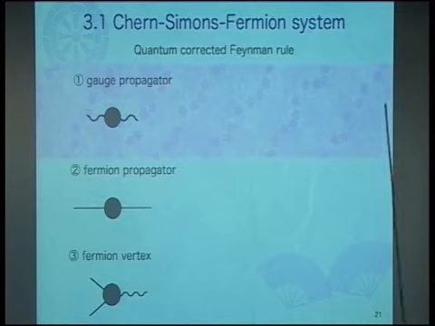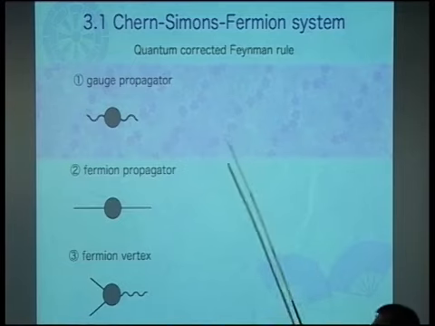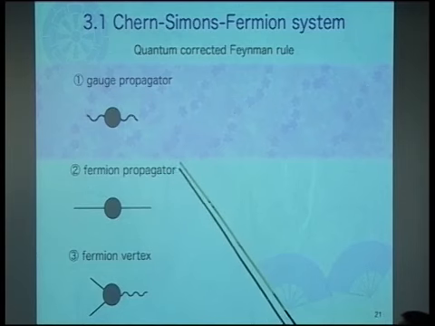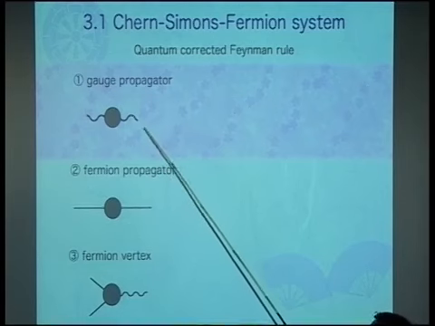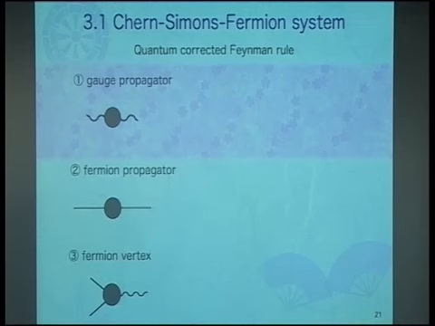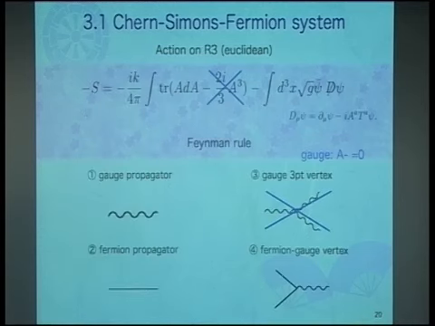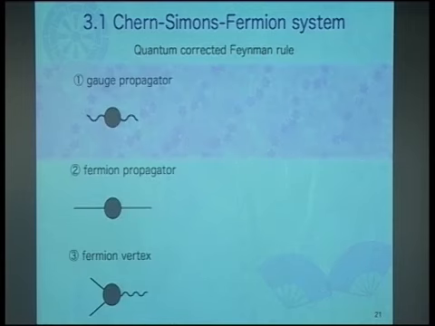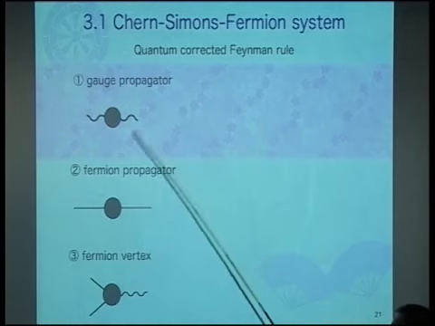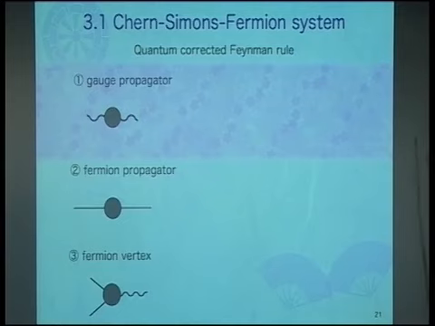And we want to solve the full quantum effect, which means the classical Feynman rules become dressed by the quantum effect, like this. And actually, it is too difficult to solve in the full quantum theory.